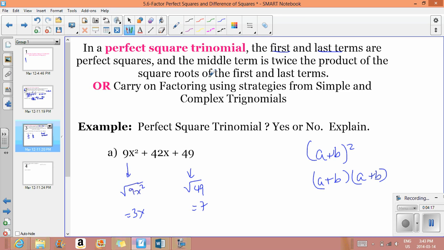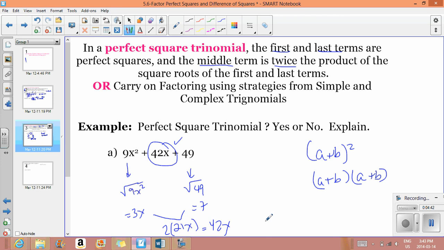Now, to double check if this is a perfect square, you would want to check that the middle term is 2 times the product of these numbers. So if we multiply 3x times 7, we get 21x. Times this by 2, and we get 42x. So as you can see here, our middle term did check out, and so this is a perfect square.